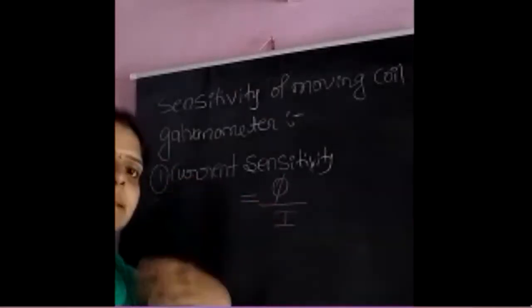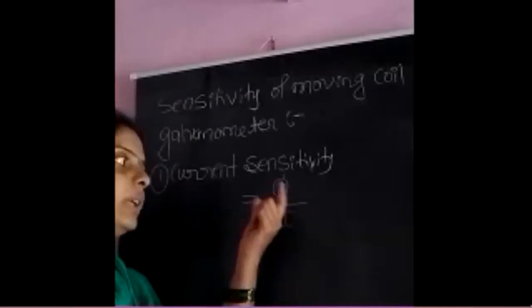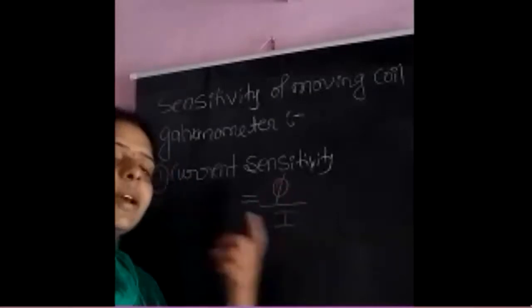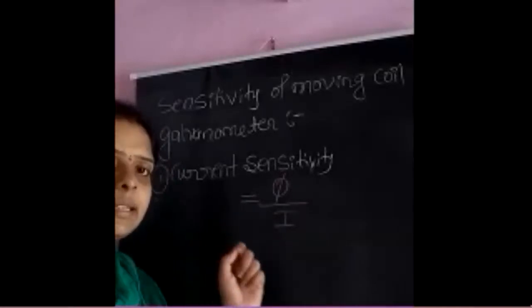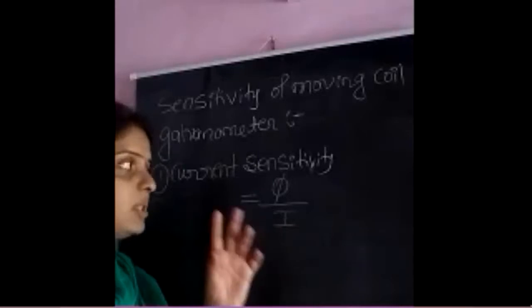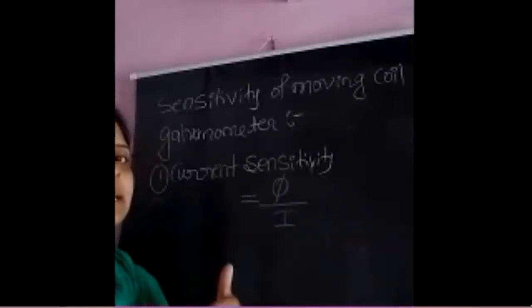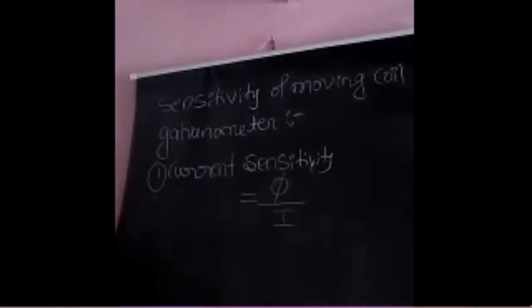You can measure the current sensitivity of a galvanometer by knowing the deflection and the current in the galvanometer. Is it clear, everyone? Because if you understand current sensitivity, then you will understand voltage sensitivity.